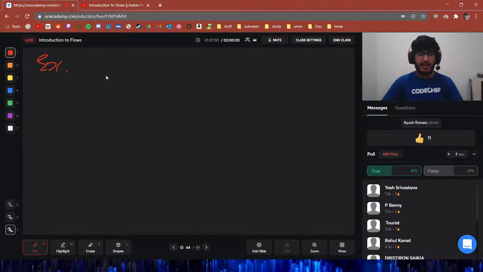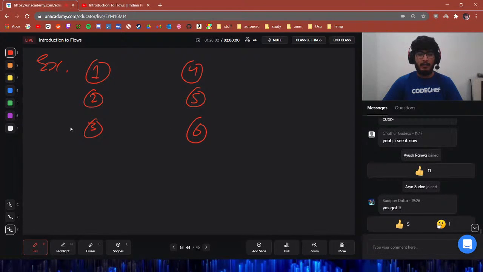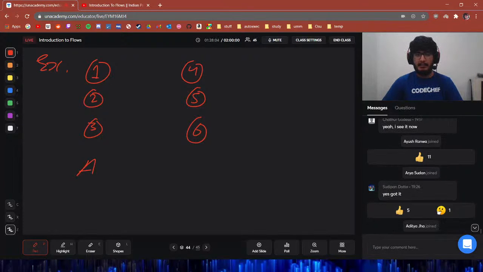So let's say we have one person here, second person here, third person here, and a fourth person here, fifth person here, sixth person here. This is the candidate A set and this is the candidate B set, and the friendships are like 1 is a friend with 4, 1 is a friend with 5, and 3 is a friend with 5.